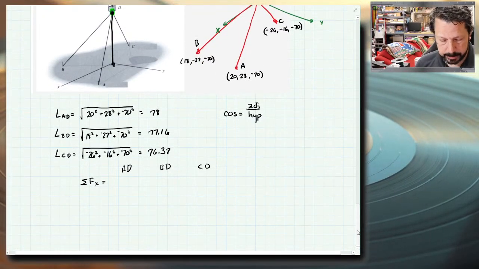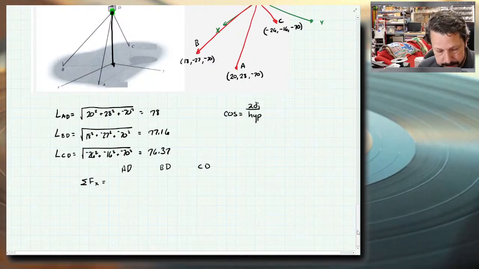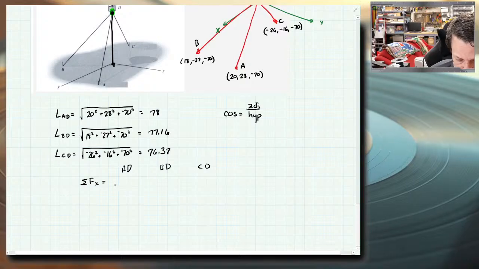So the x component of AD would be the tension in AD times cosine of the angle between, I'll just write theta x for now, cosine of theta x.